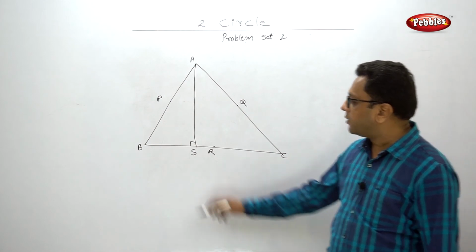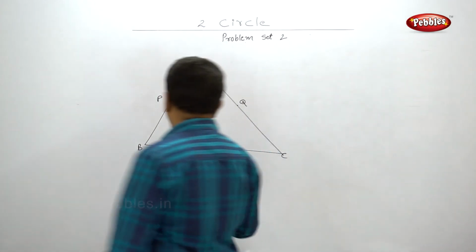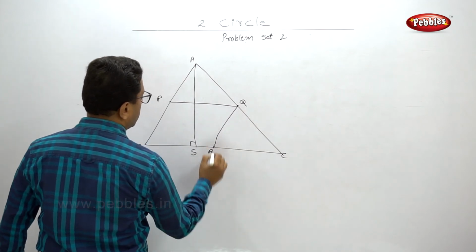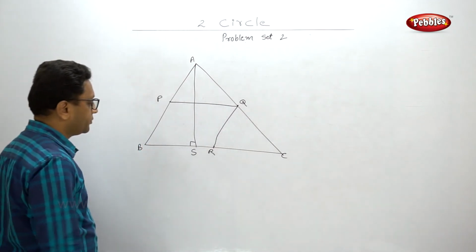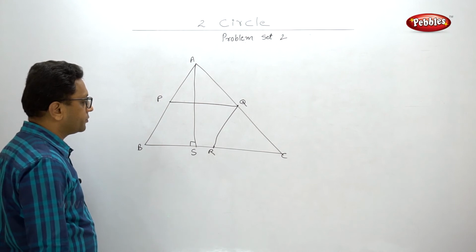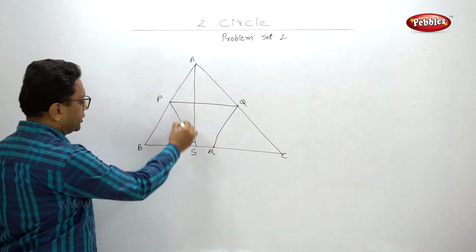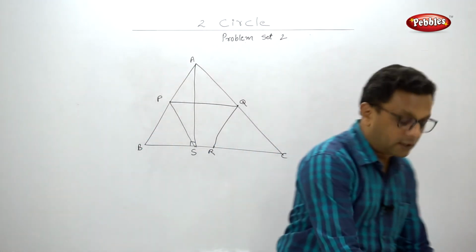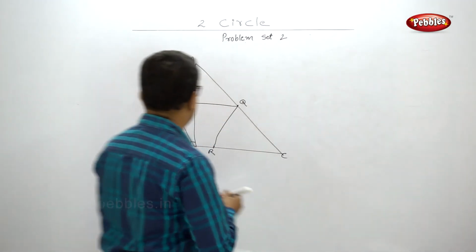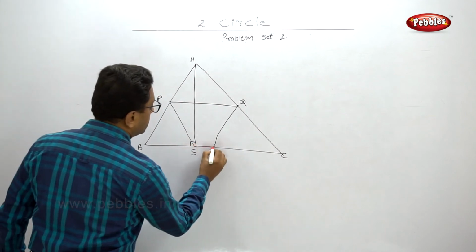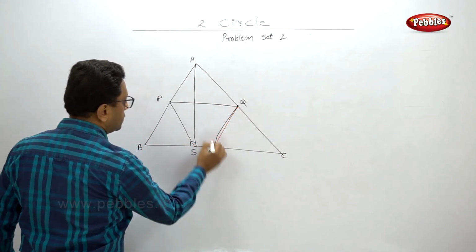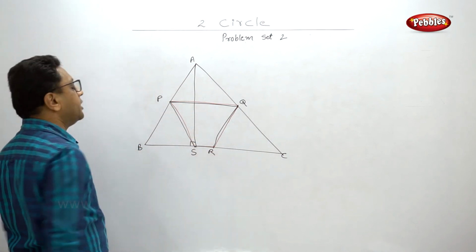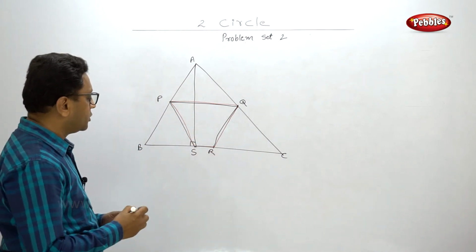We have to prove that P, Q, R and S, so you have to join these. We'll draw it with a red pen. So we have to prove that this is a cyclic quadrilateral. This is what we have to prove.